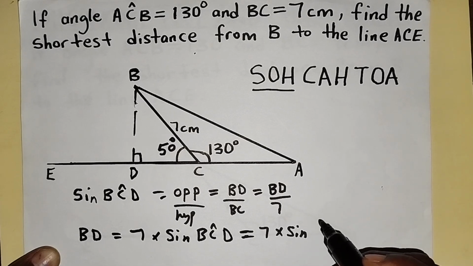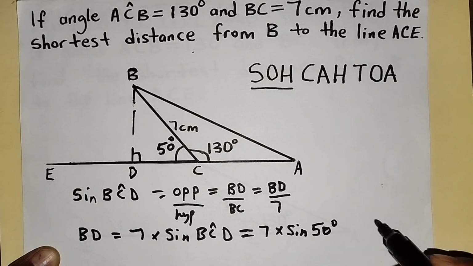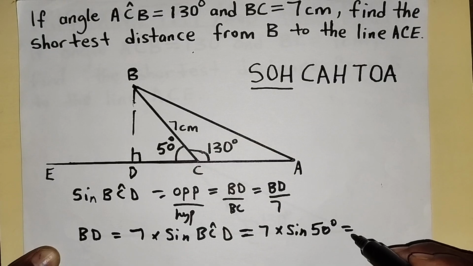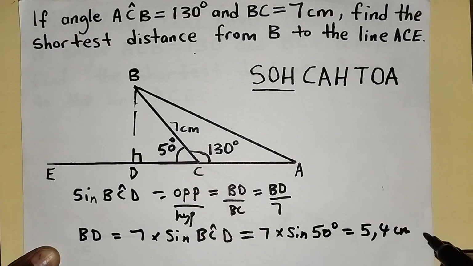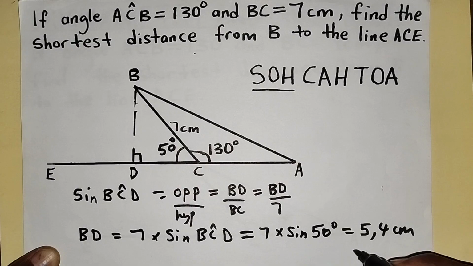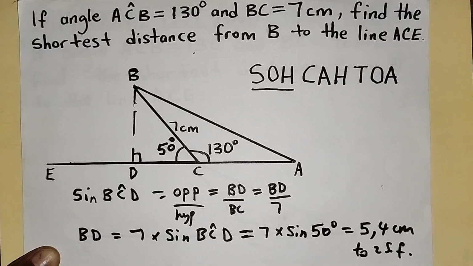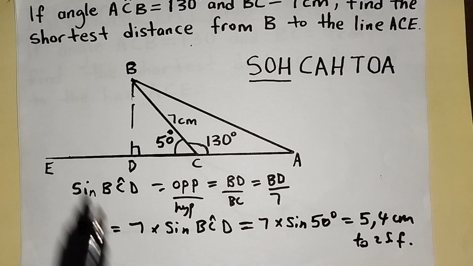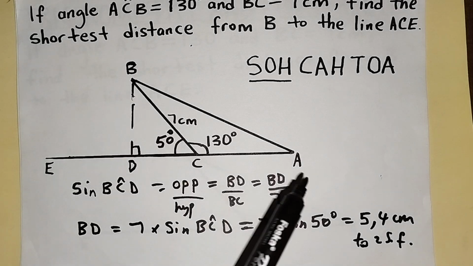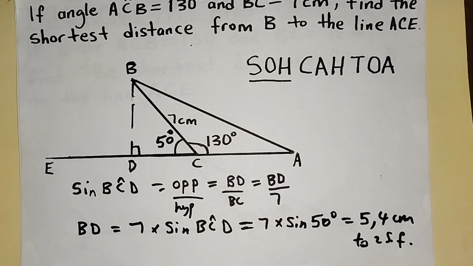Remember, angle BCD is 50 degrees, so 7 multiplied by sine of 50 degrees, which is equal to 5.4 centimeters, okay, to 2 significant figures. Okay, so that's the shortest distance of a line from B to the straight line ACDE. So they meet at D and they form a right angle there, or 90 degrees.